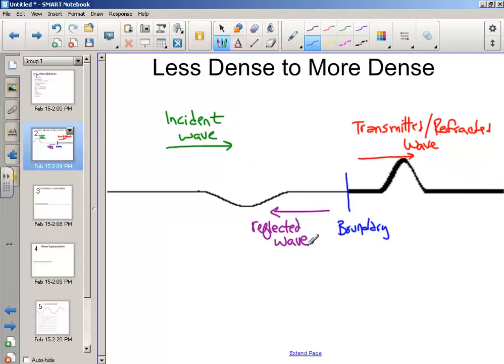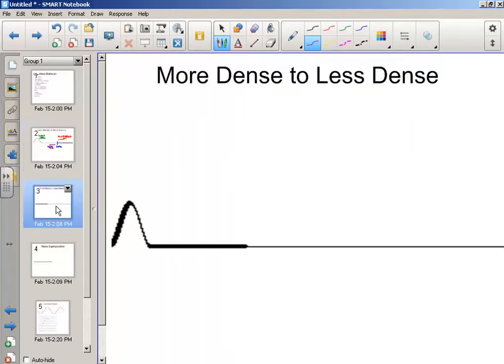Now what I want you to notice when it goes from a less dense medium to a more dense medium is the reflection. My incident wave comes in, and the reflection comes back on the opposite side. Look over here when you're going from a more dense to a less dense medium: the reflection comes back on the same side.